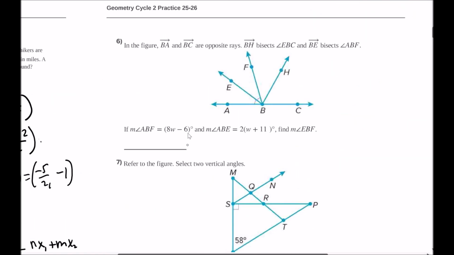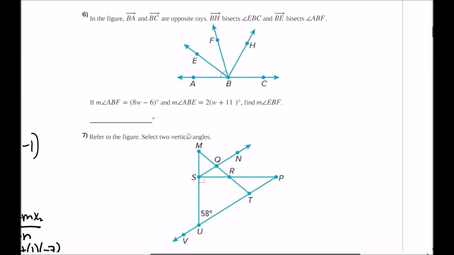All right, number 6. In the figure, BA and BC are opposite rays. BH bisects angle EBC and BE bisects angle ABF. Bisects means cuts in half. So BH is cutting this angle EBC in half.